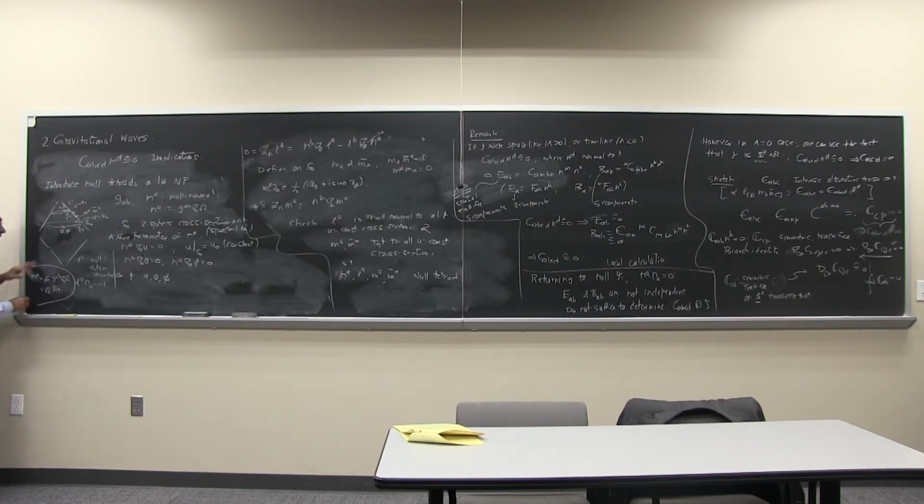But what we are doing right now is completely internally consistent. I just take this NA vector field, and then I construct LA and M and M bar, and then I get a null tetrad.